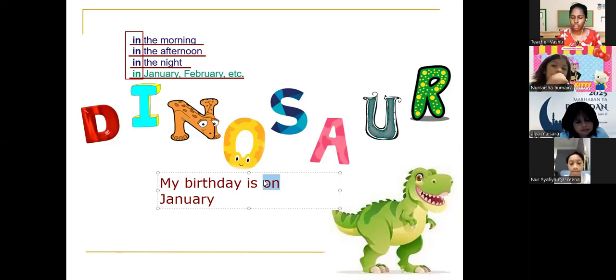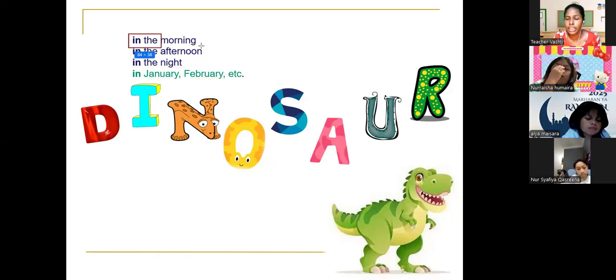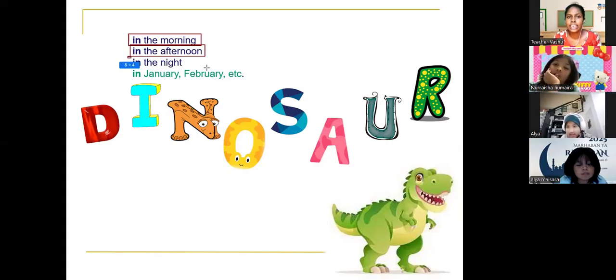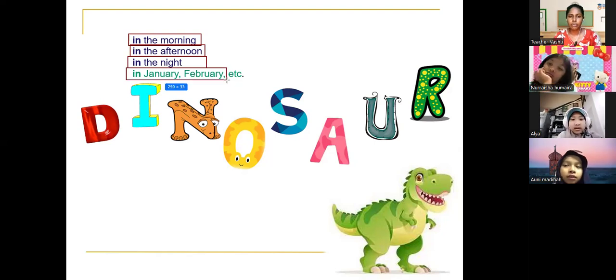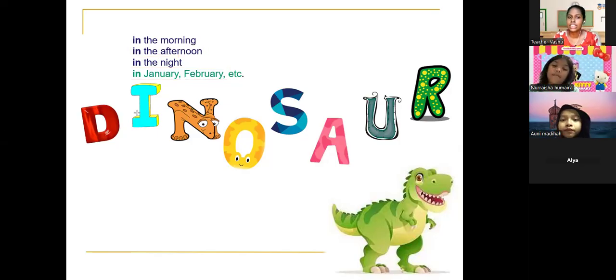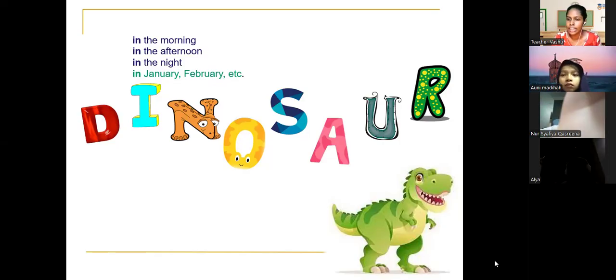Salah. Tak boleh guna on. You cannot use on. You gotta use in January. Alright? So where do you use the word in? In the morning, in the afternoon, in the night. And if you want to talk about months, bulan, in January, in February, in October, in December, whatsoever. Okay? That is for the letter I. Now, what do you think is for the letter N?